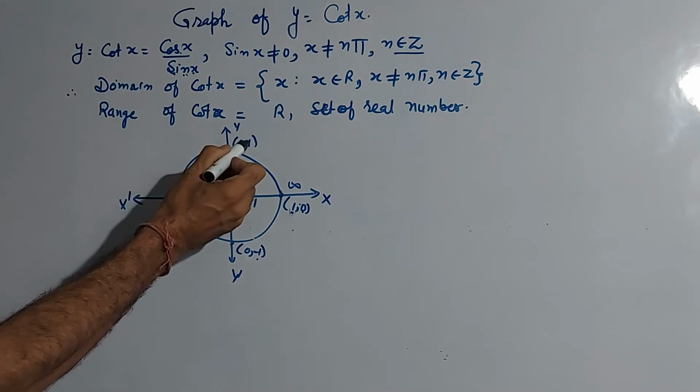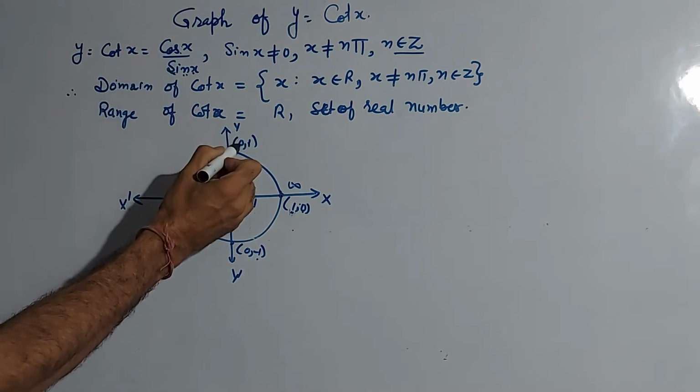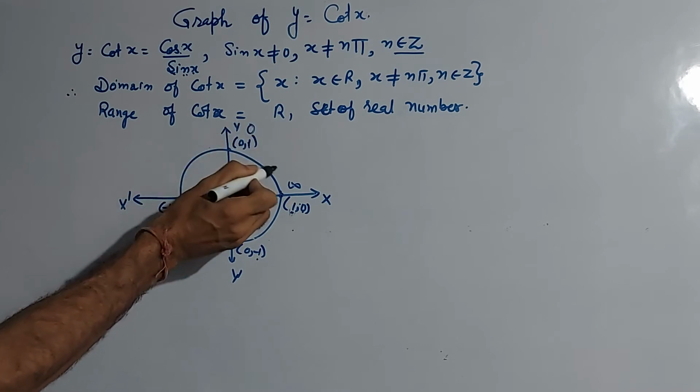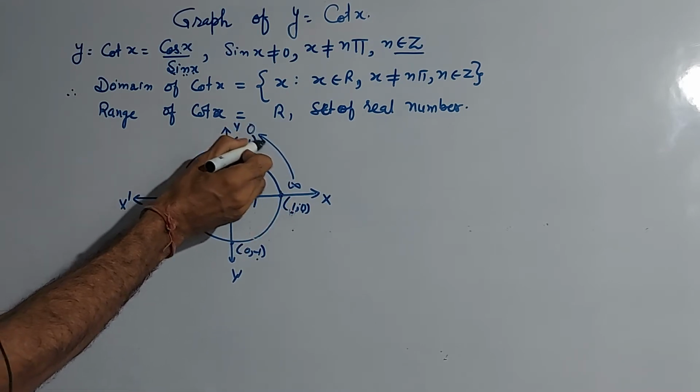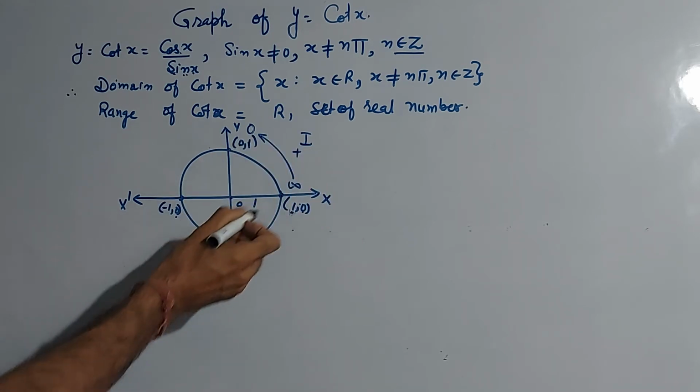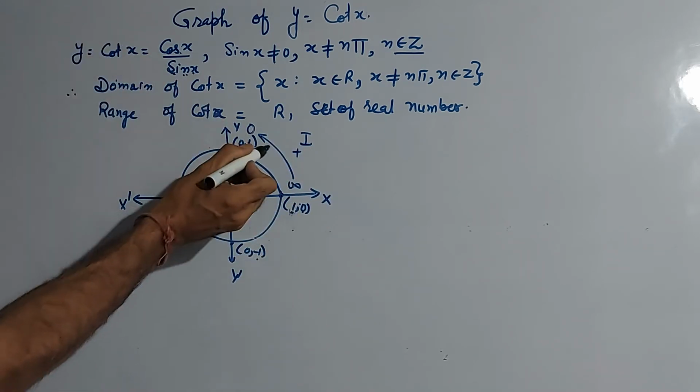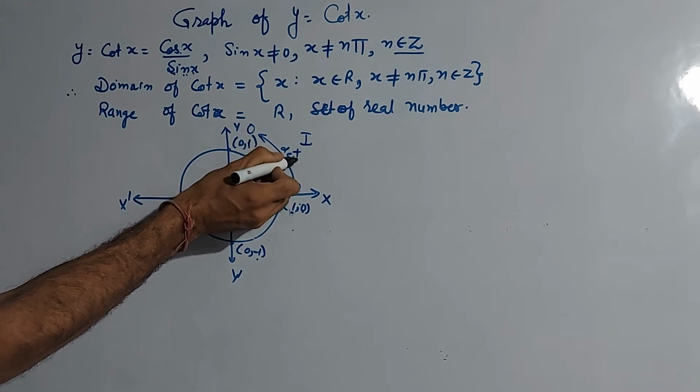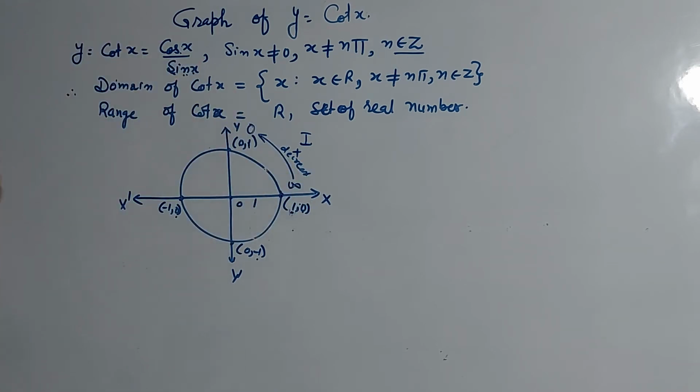And here cos is 0, so the value is 0. So the value will decrease in the first quadrant, and cot x is positive here, decreasing from infinity to 0.